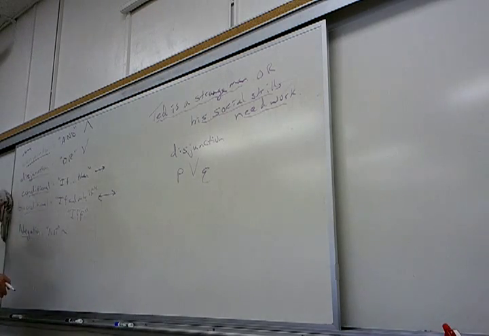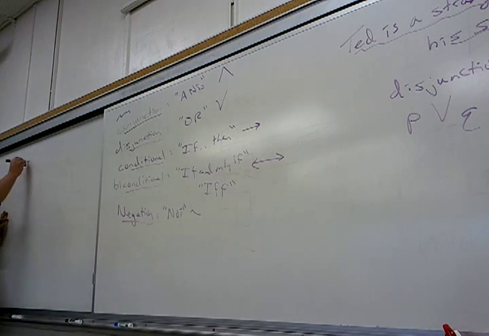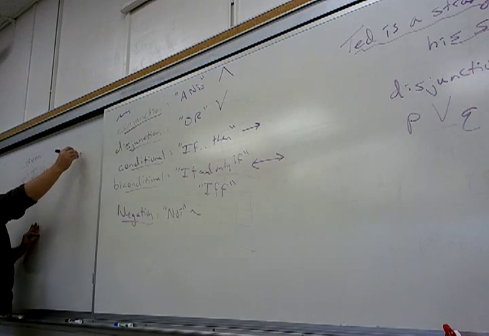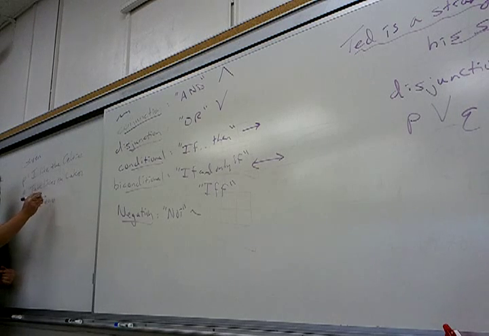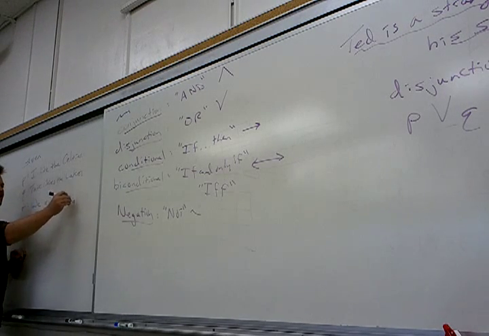The one that gets a little more interesting is when they start doing it backwards. They start doing things like this. Given P is I like the Celtics, and Q is Tate likes the Lakers, and R, oh crap, R is we enjoy eating Oreos.